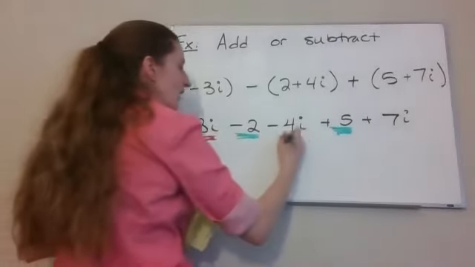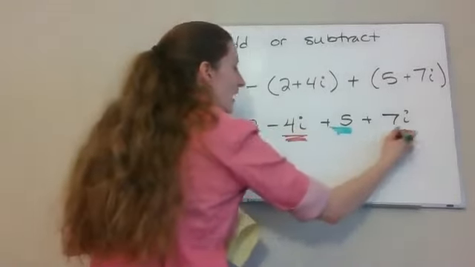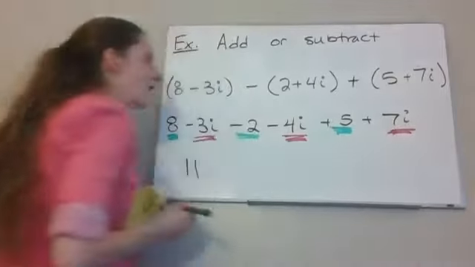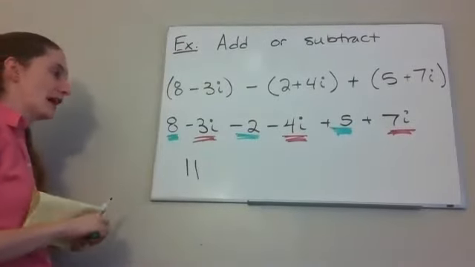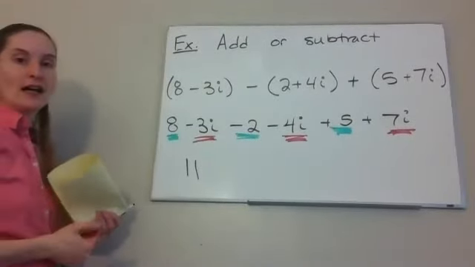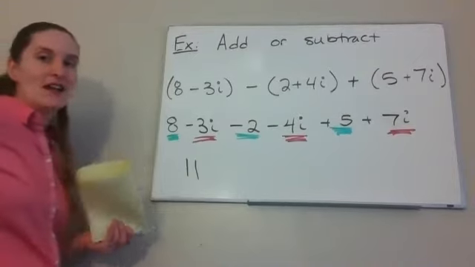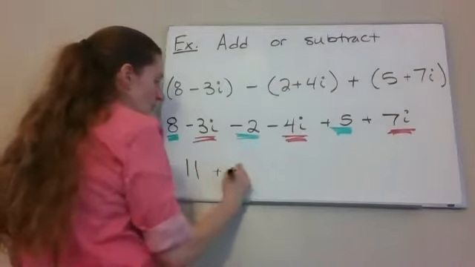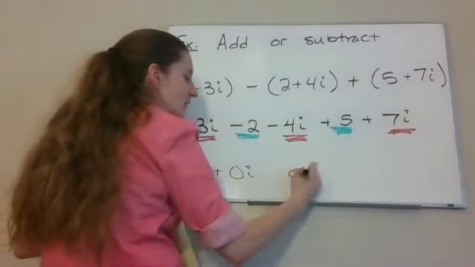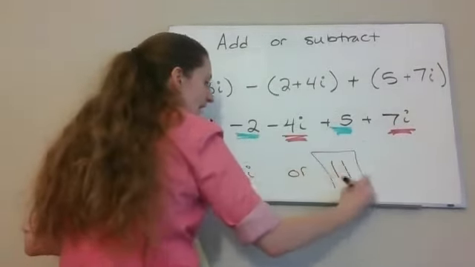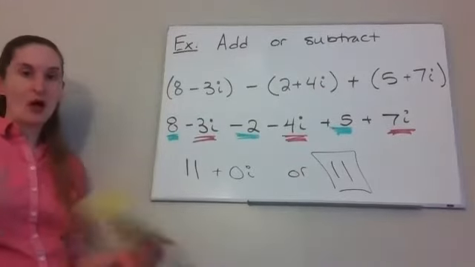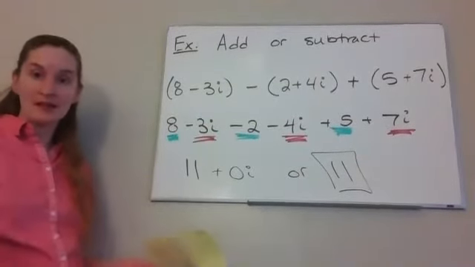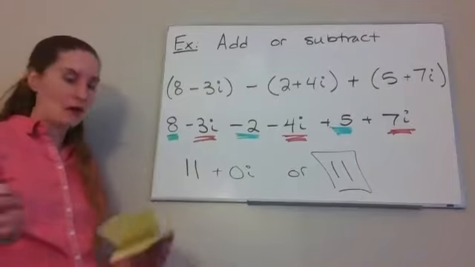Negative 3i, a negative 4i, positive 7i. Negative 3i minus 4i is negative 7i, and then adding a positive 7i to that would be 0i. So we could just write this as 11. All of the imaginary parts canceled out.